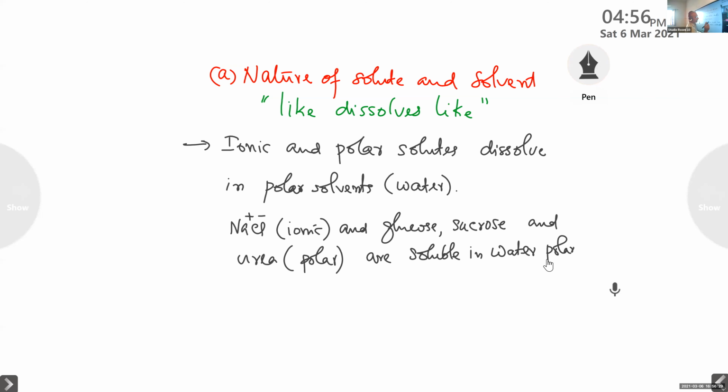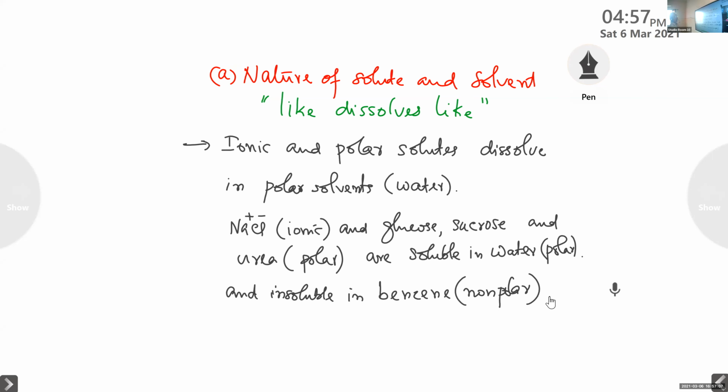But they are insoluble in benzene, which is covalent and non-polar.